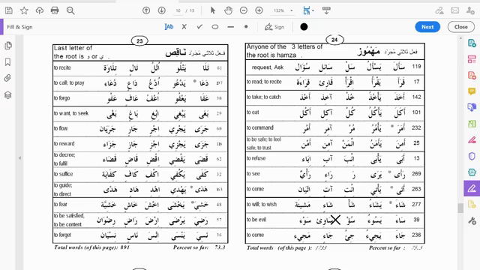And ja'a means came. Yaji is basically the future present tense, coming. Ji', come, giving an imperative.